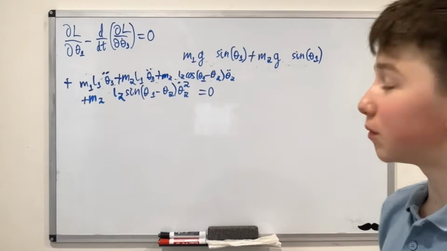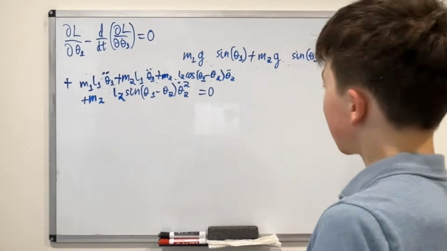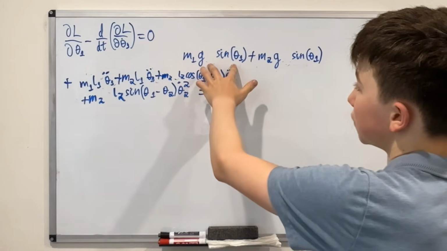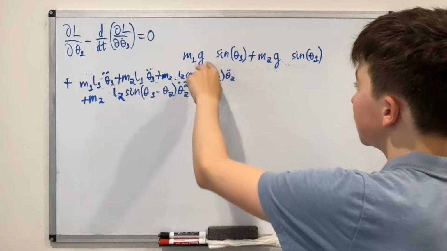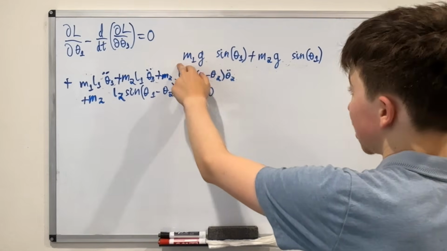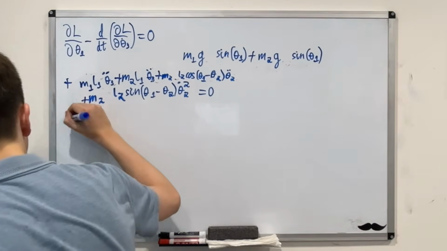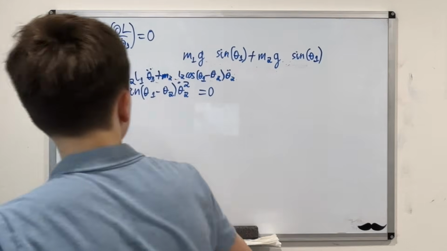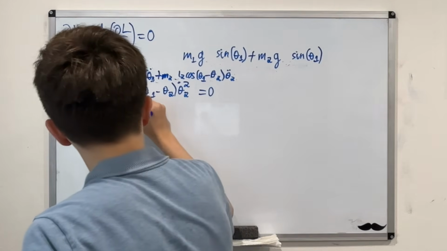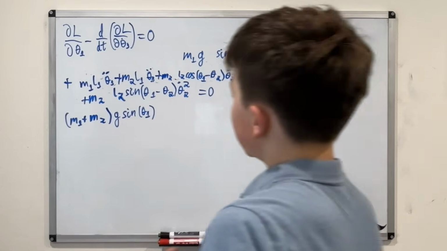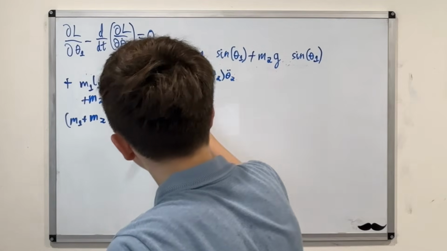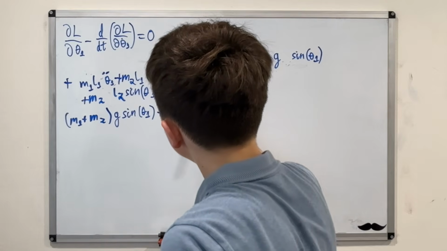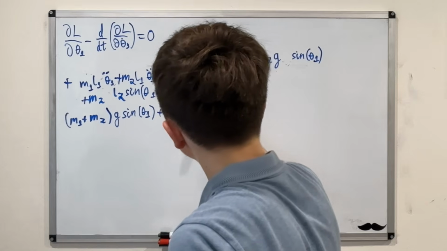So it looks already much cleaner. And finally, we can combine some like terms here to make it even nicer. For example, both of these have a common factor of g times sine theta 1. So inside the parentheses, we'll just have m1 plus m2. So that's nice. So we can have m1 plus m2 times g sine theta 1. Then similarly here, we can have m1 plus m2 L1 theta 1 double dot.